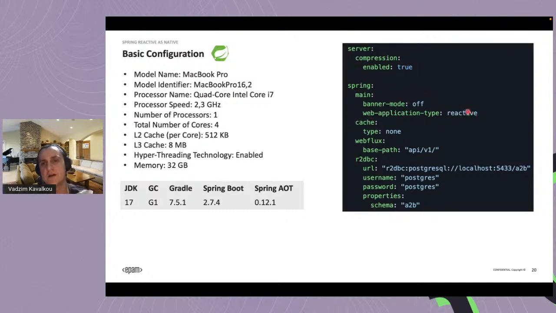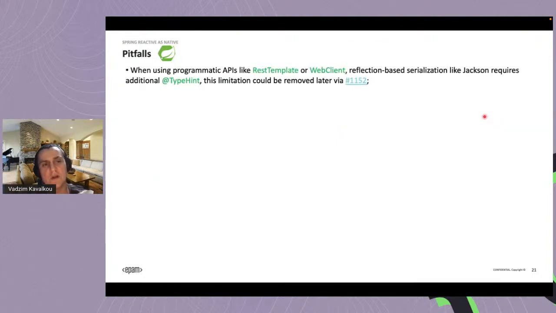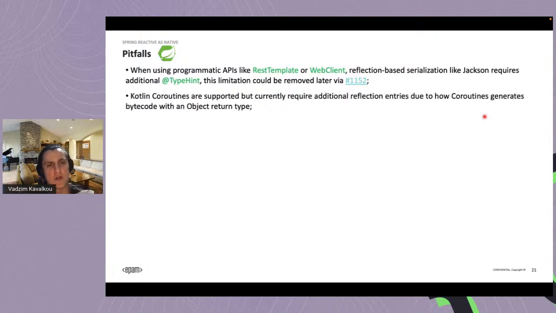Yeah, we are working here with the reactive one, and when you are trying to build a native image, you can find a lot of pitfalls. When you're using programmatic APIs like RestTemplate or WebClient, reflection-based serialization like JSON requires additional type hints. And if you take a look at my sources, you can find that I'm using hints to build my native image correctly.